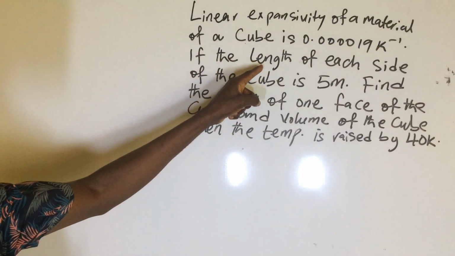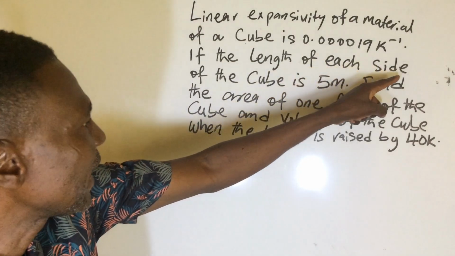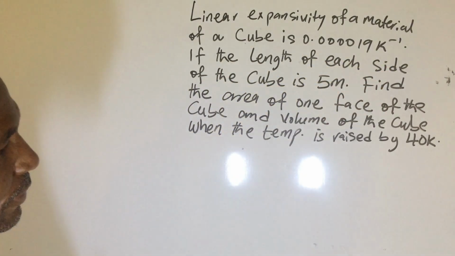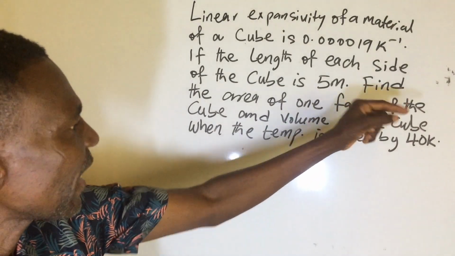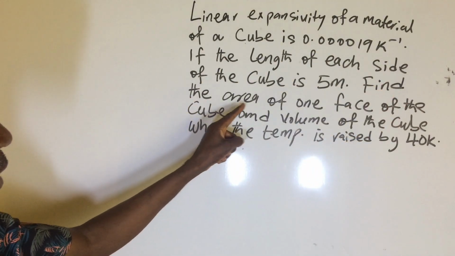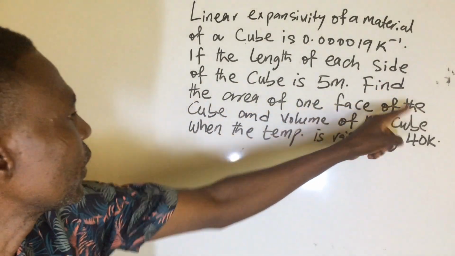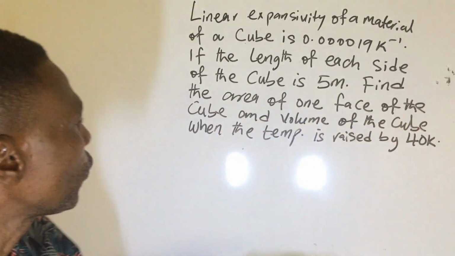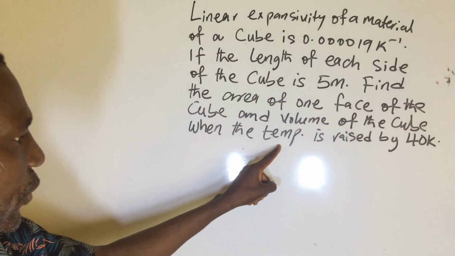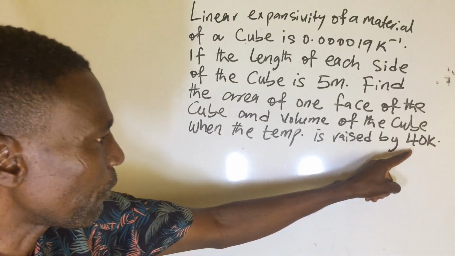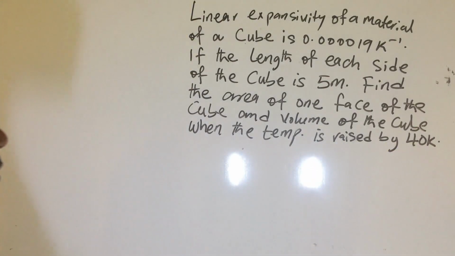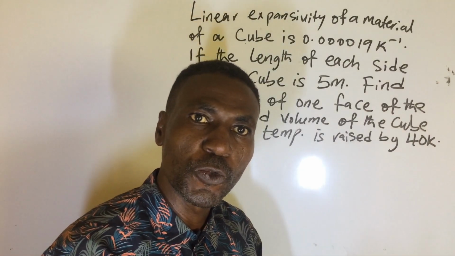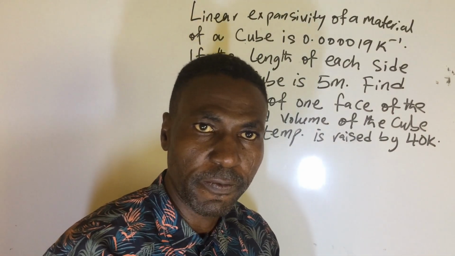If the length of each side of the cube is 5 meters, find the area of one face of the cube and the volume of the cube when the temperature is raised by 40 Kelvin.